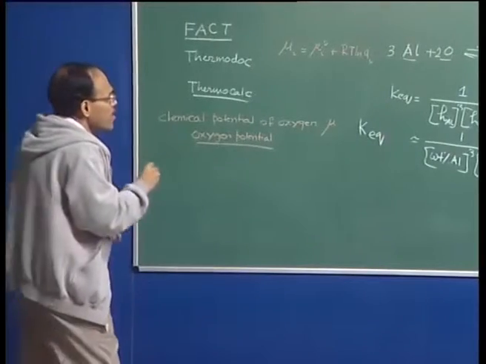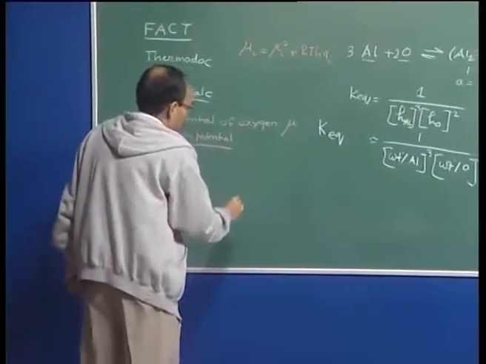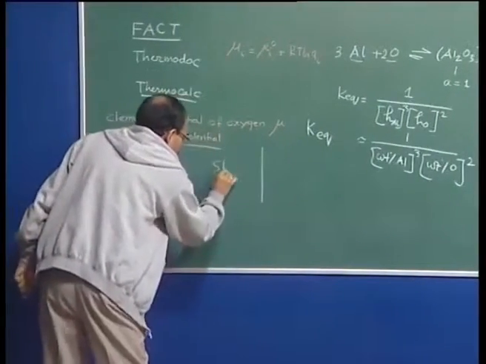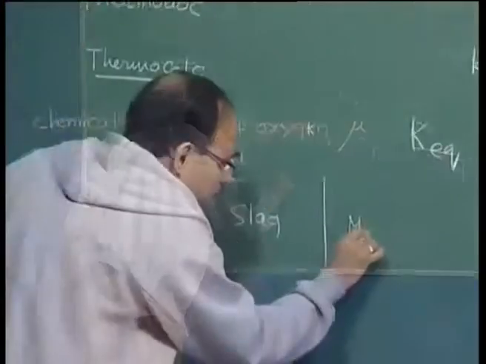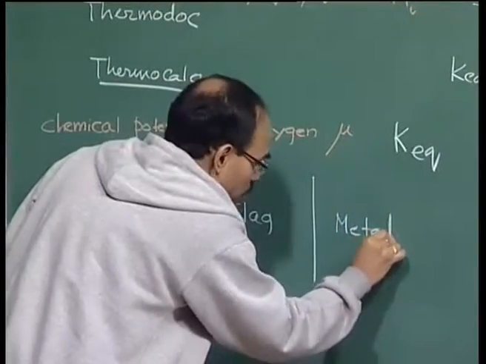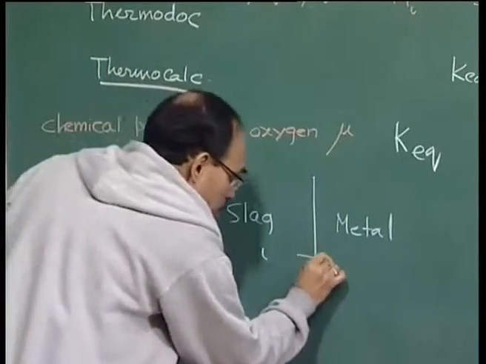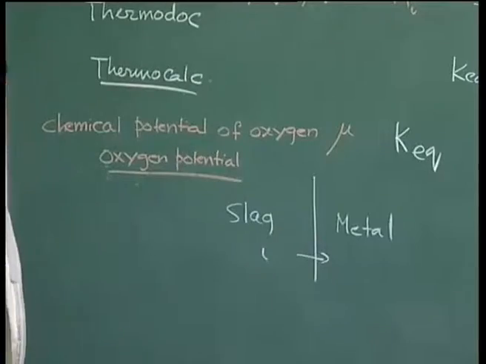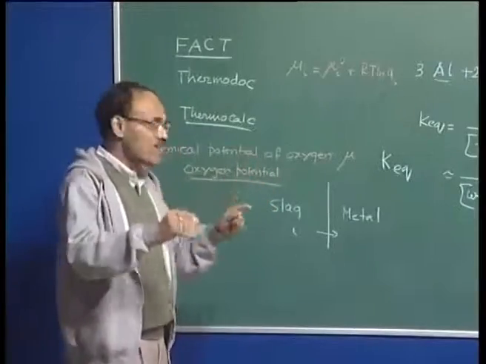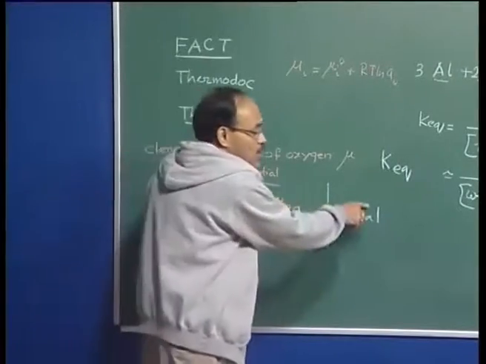Now, if I have a slag here and metal here, and a species i is being transferred from here to here until an equilibrium is achieved, visualize it like this: temperature is higher here, lower here.